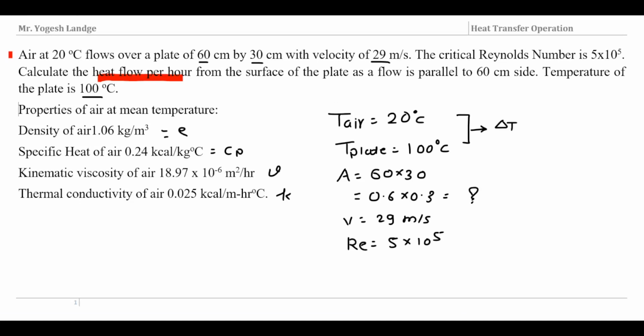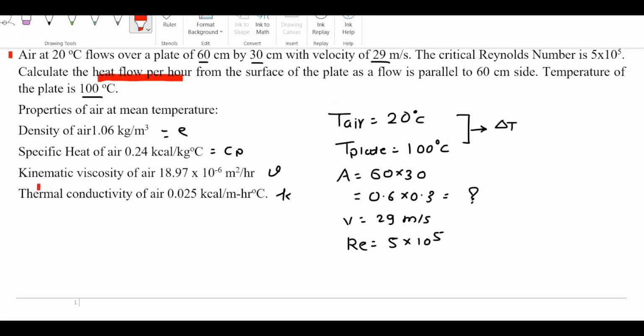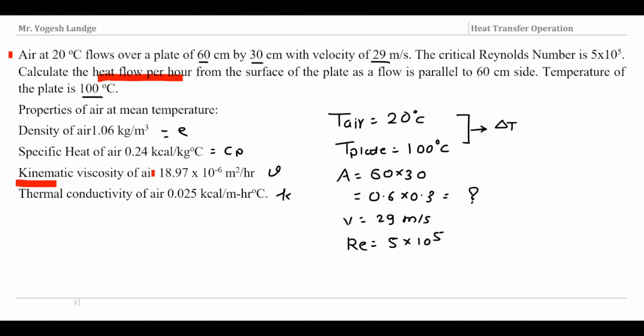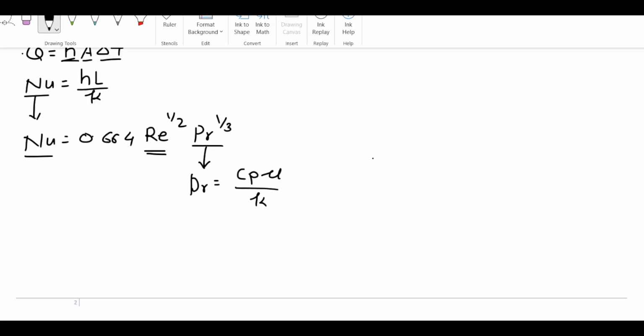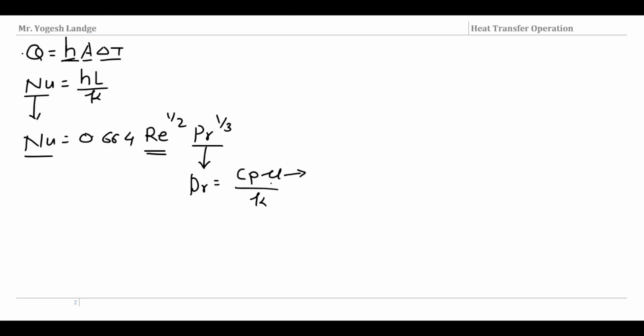Here it is mentioned the kinematic viscosity, and in our formula we need a dynamic viscosity. So we need to calculate the dynamic viscosity. And for that, what is the relation? The kinematic viscosity nu is equal to mu upon rho.